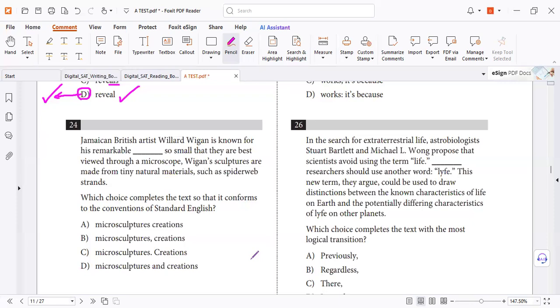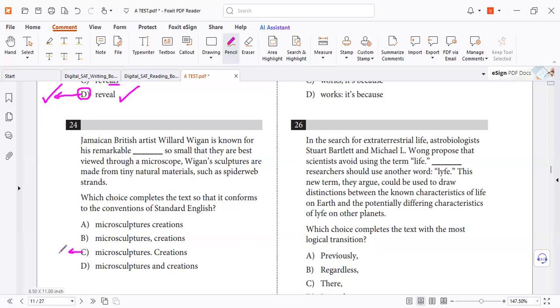Your turn. A. Letter A. 24, letter A, wrong, my friend.